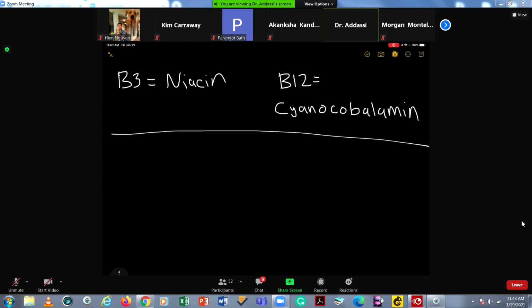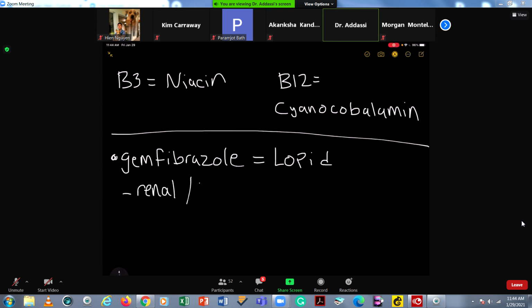Next we have our gemfibrozil. Brand name is Lopid. What we need to know about Lopid is that it is a renal and hepatic drug. So we have to worry about serum creatinine, and we also have to worry about LFTs.